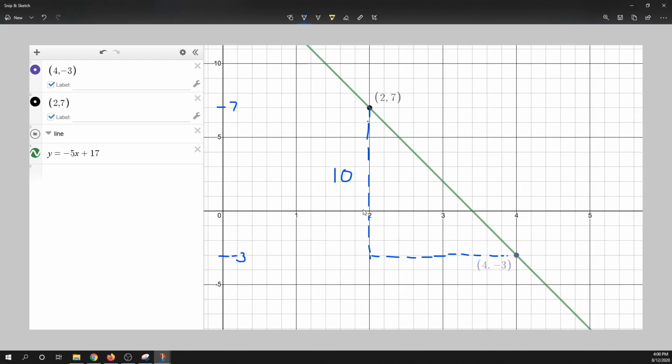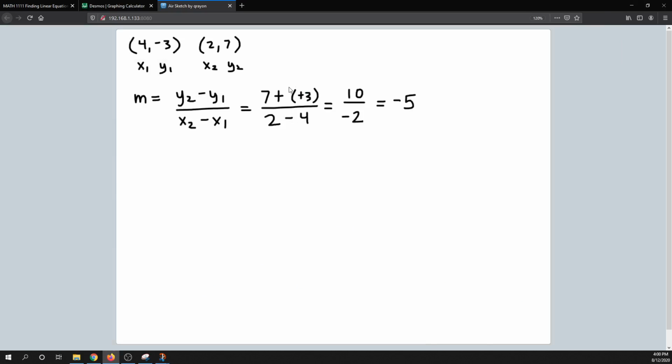You could do it the other way as well. So just to illustrate, down over here what we did was we went from 2 to 4, right? And the way we had our points labeled, we did 2 minus 4, right? Which is minus 2. Okay? So we calculated that to be minus 2 in here. That's by the way that we labeled the points, right? And then we divided these two sides together and got 10 divided by minus 2, right? That's how our calculation went over here.